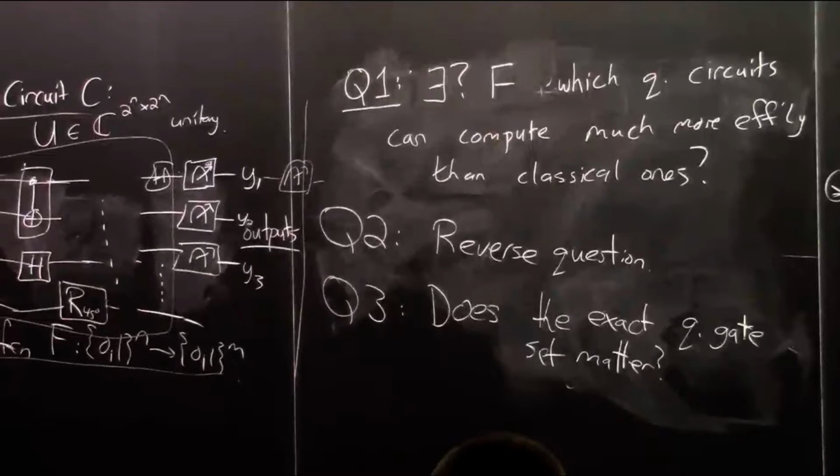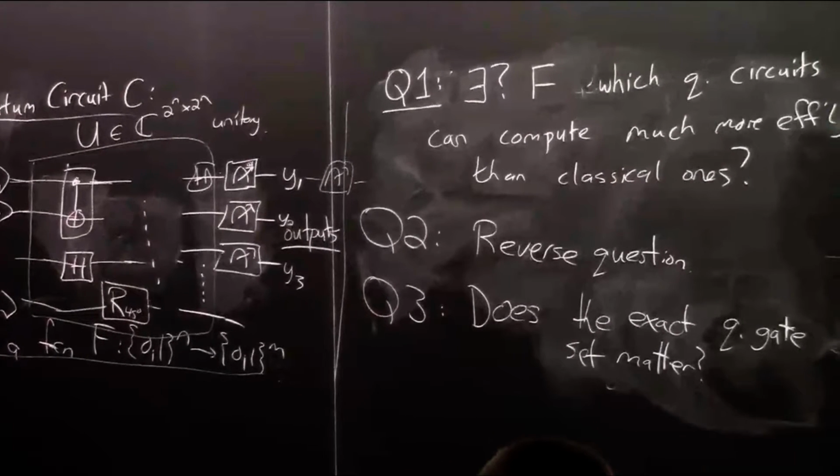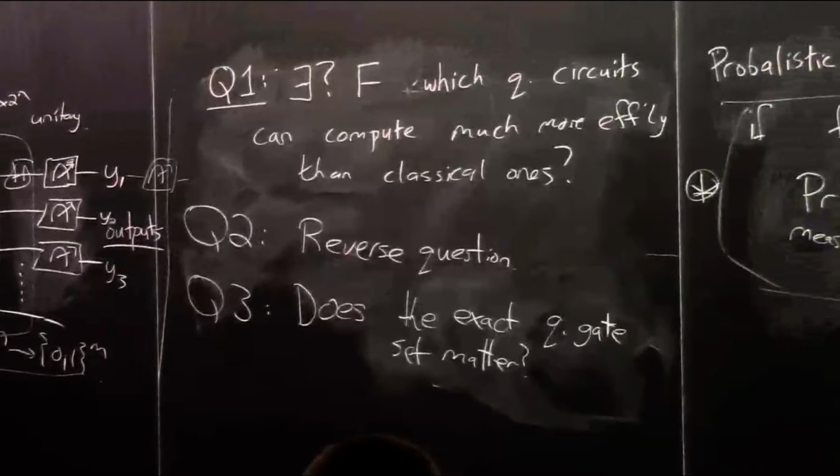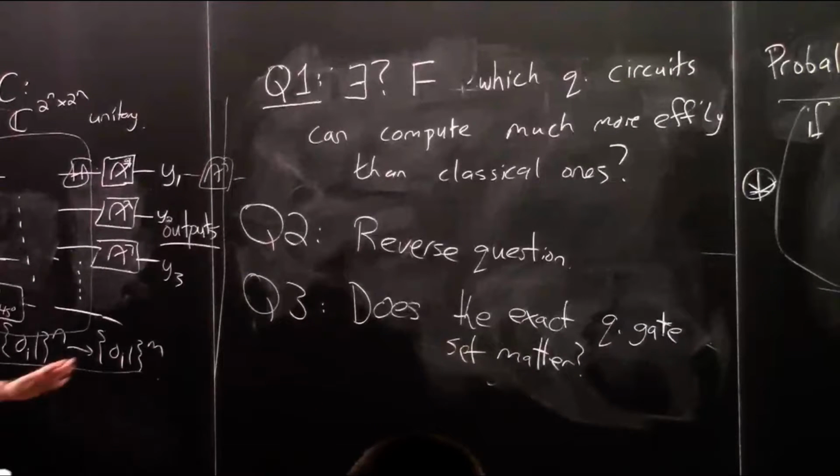Why? I don't know, it's kind of traditional, honestly. But you've probably seen before that it doesn't really matter as long as you put in enough gates. You can simulate an XOR gate on 2 bits with AND or NOT gates. So it doesn't really matter to efficiency exactly what gate set you choose. So you just say AND, OR, and NOT for simplicity. Basically, the same thing is true in the quantum case. But there's a few fine details that it's worth talking about, and so we'll talk about those probably next lecture.